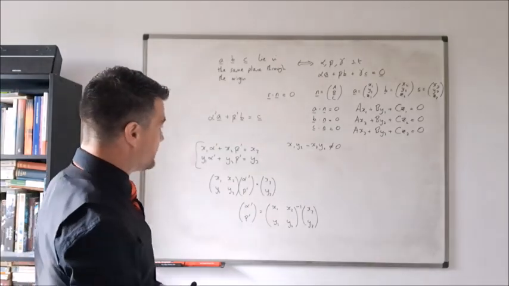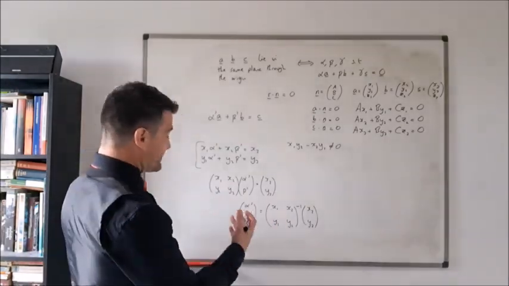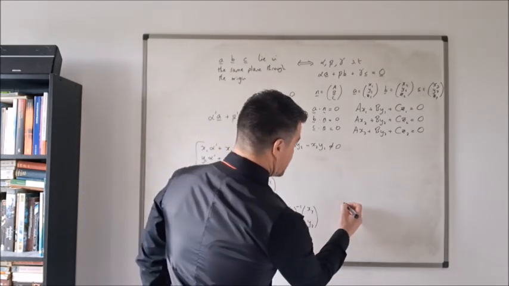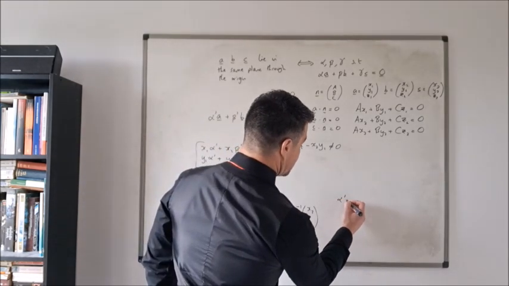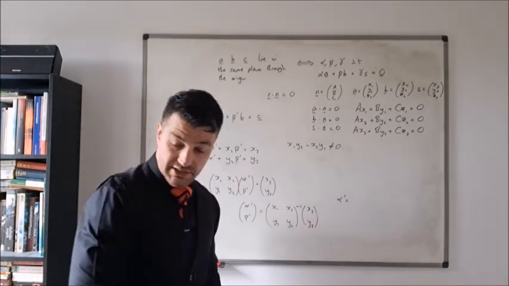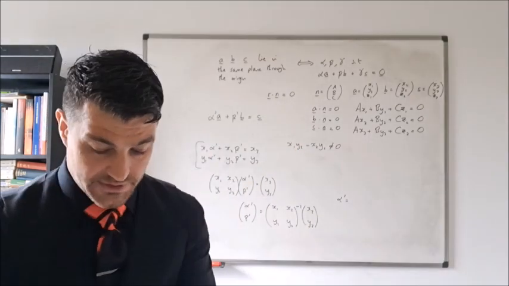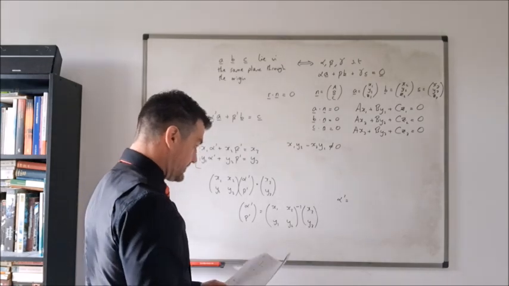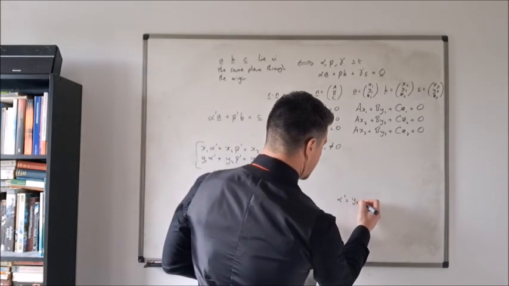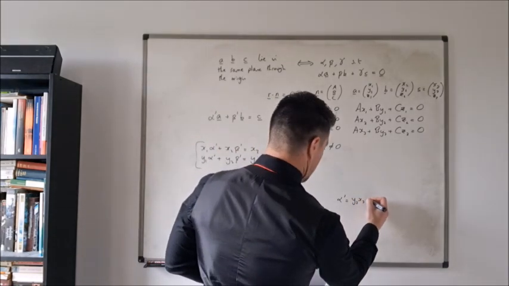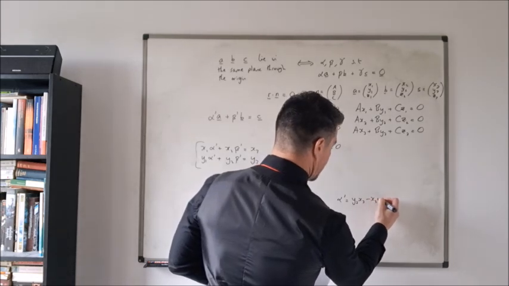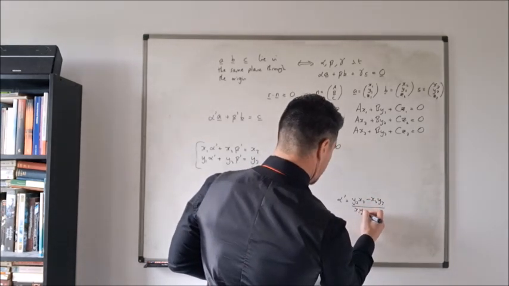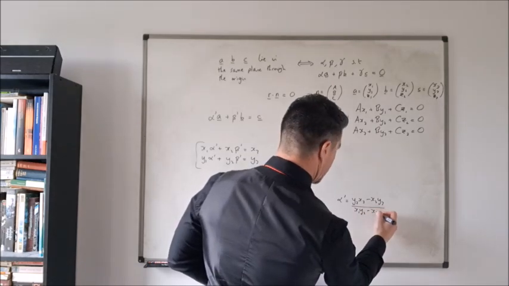So what that does now is give me some values for alpha primed and beta primed. I get alpha primed is equal to, and I'm going to have to refer to my notes for this, y2 x3 minus x2 y3 over x1 y2 minus x2 y1.